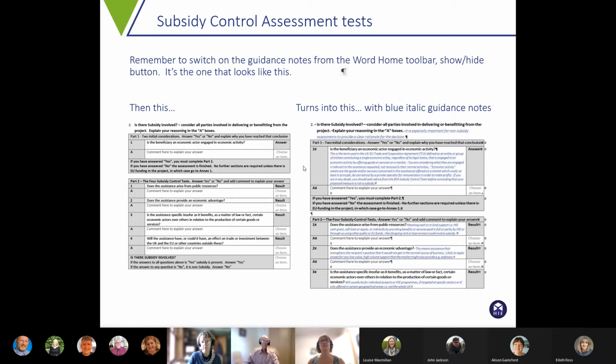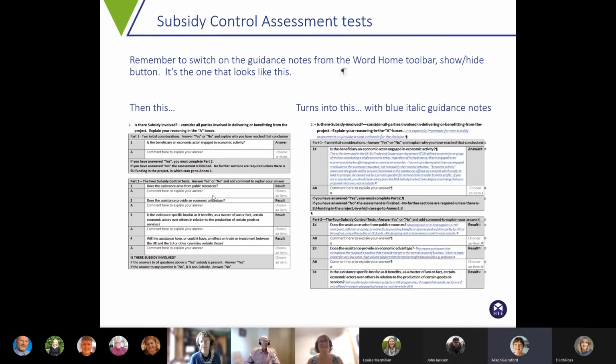So we're going to have a look at some of the tests and the examples that we did. It's just a reminder, because I've had a few people that either haven't got their home toolbar switched on in Word or haven't spotted this little button up the top. So when you open the Subsidy Control Assessment template, you might see it like this. And if you're Fiona and if you're Alan, that's the way you like to see it.